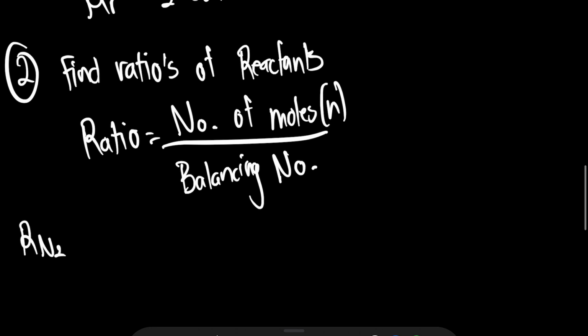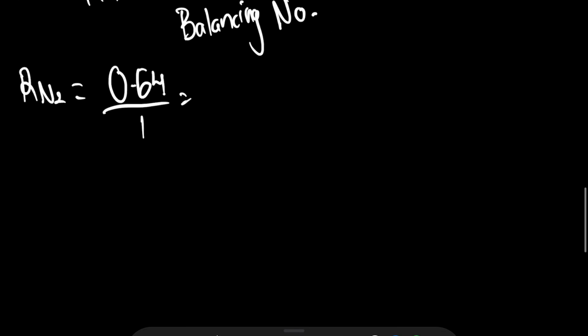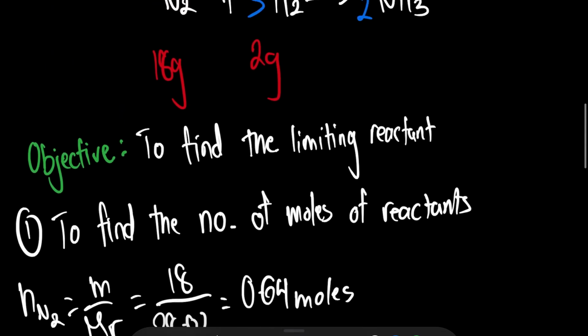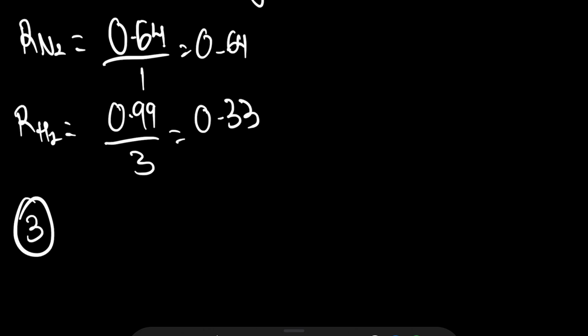So for nitrogen, we can say that it is 0.64 over its balancing number, which is 1, which still gives 0.64. And the ratio for hydrogen is 0.99 over 3, which gives 0.33.